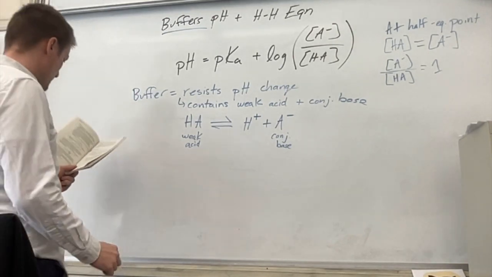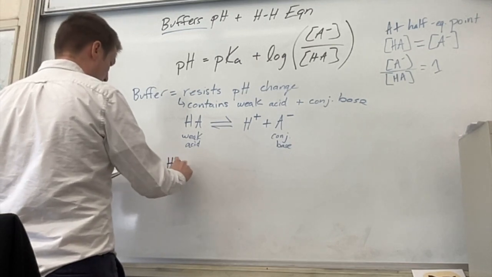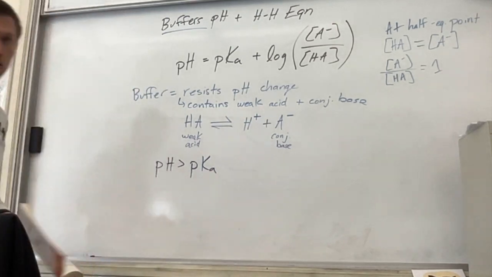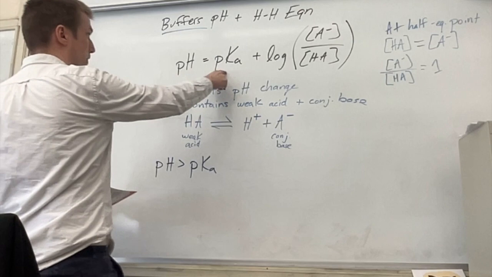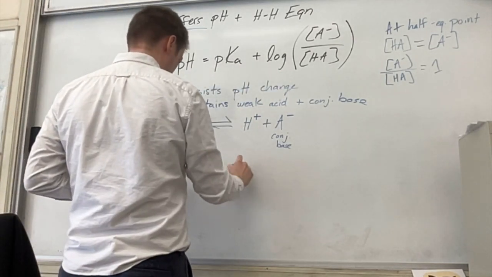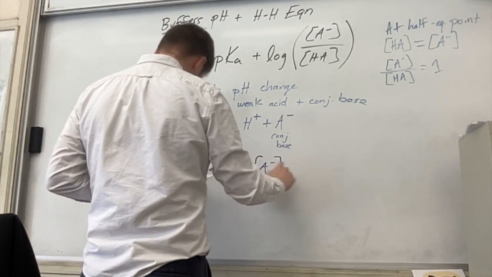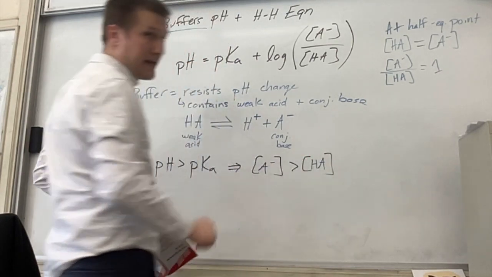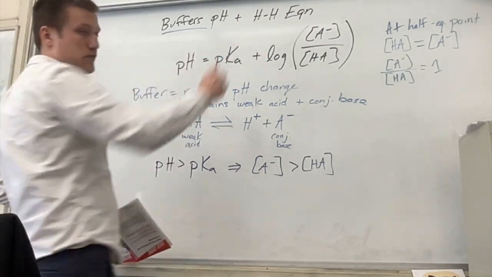Last thing with regards to that, the pH, if it is greater than the pKa of the weak acid, then this term has to be positive, which means that the concentration of the base has to be greater than the concentration of the weak acid in the buffer. And you could figure that out just from looking at this equation.